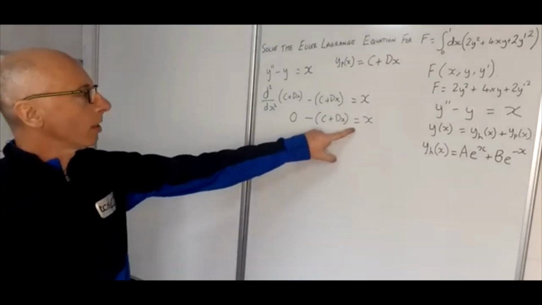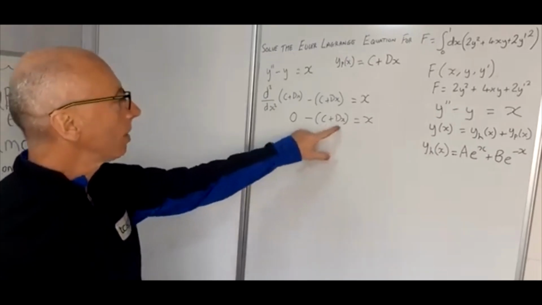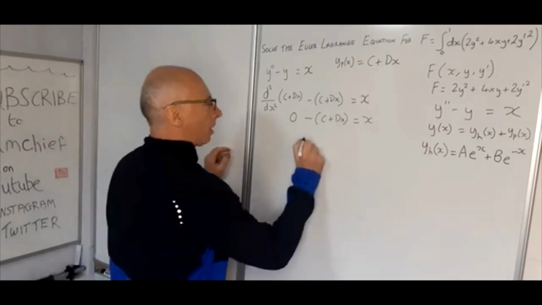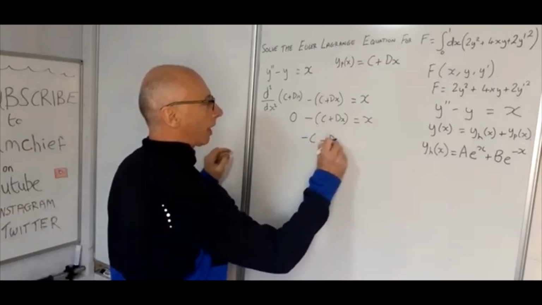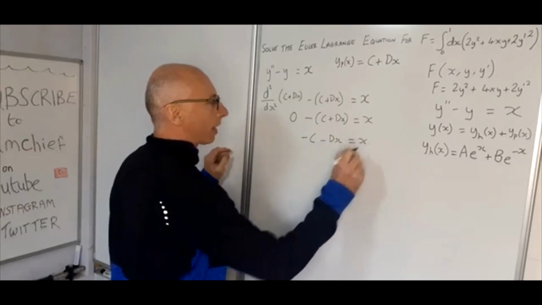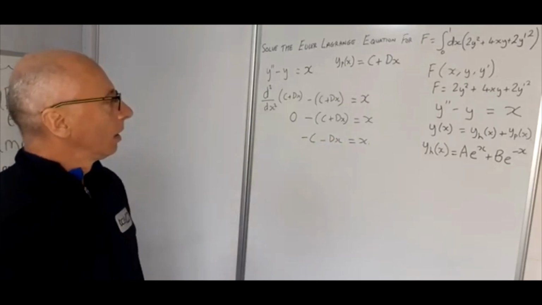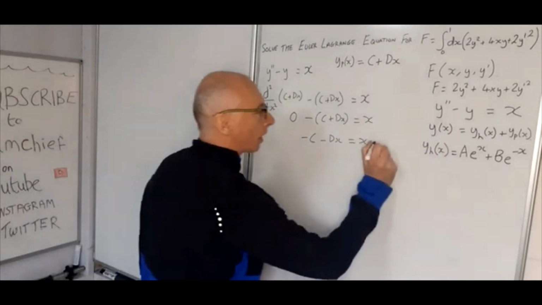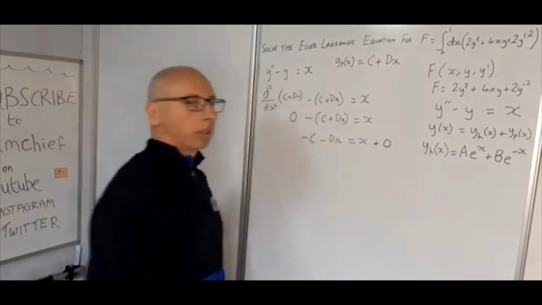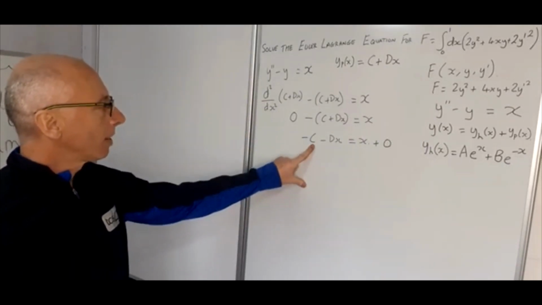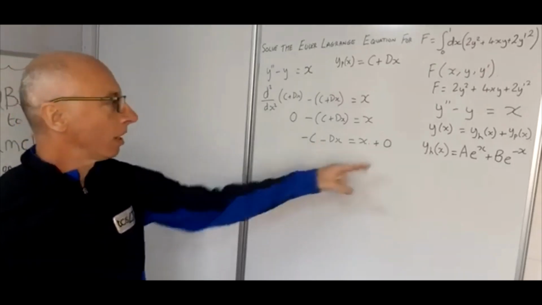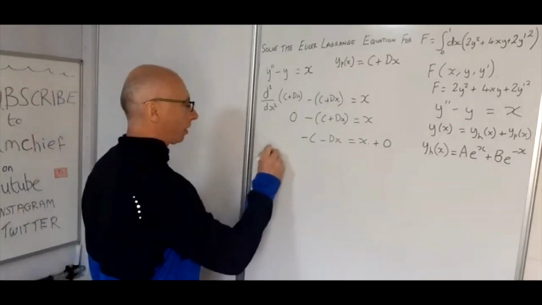Okay, now let's see if we can find our constants here, c and d. So we've got minus c, distribute the minus, that's a minus dx, that equals x. Alright, so there's no constant here, so I'll just write a plus 0 so you can easily see what's going on here. So our only constant here is c, which is on its own. So if minus c gives us our 0, c is also 0.